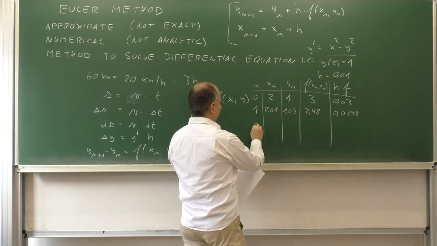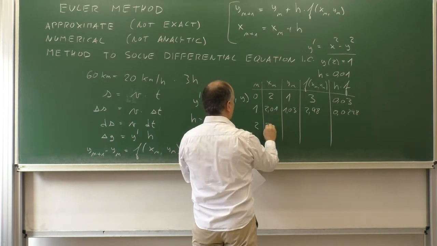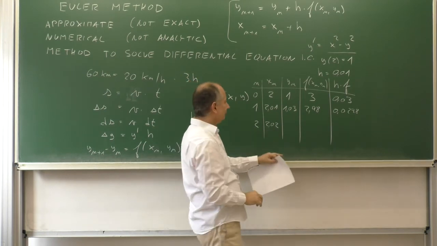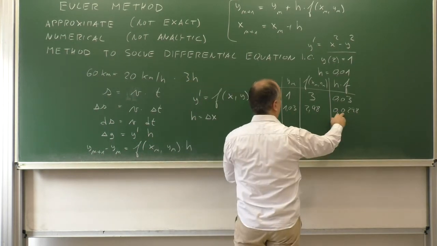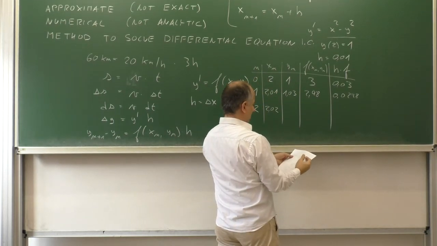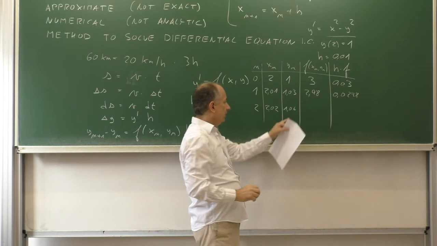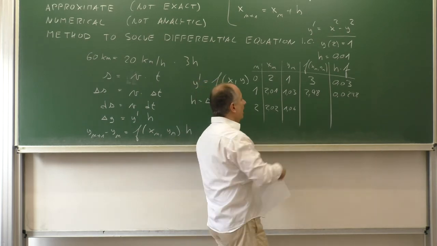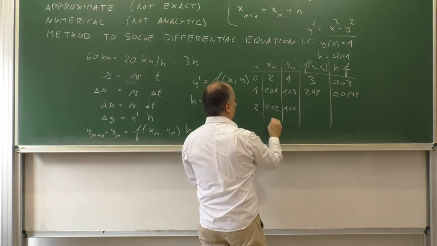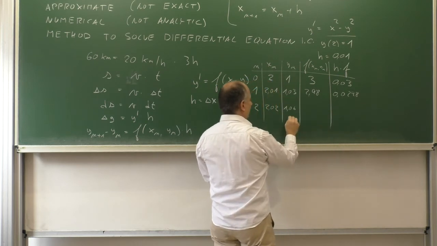And then, for n equal to 2, xn will be incremented by h to get 2.02. This is exact. And y will be increased by this to get something like 1.06. This is just a rounded number. And we can go on, we can evaluate f, multiply by h, we take old x, we add h, we take old y, we add h times f, and so on.